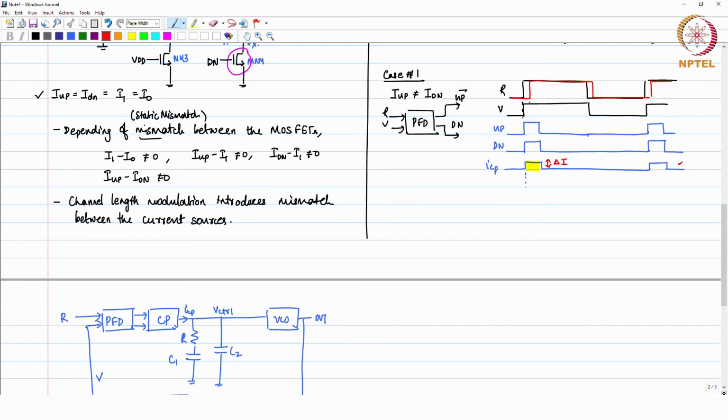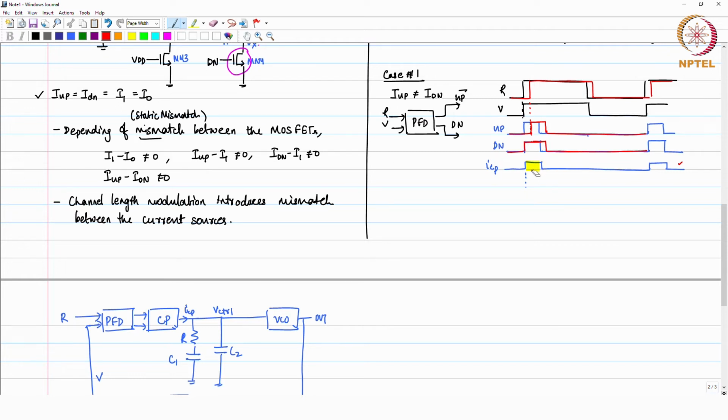Now, when you have an offset like this, your down signal will go high here, but the up signal goes high like this. This will happen, your up signal goes like this, and the overlap period is now here. So, you have a negative phase error, and this is your overlap period, and this is going to repeat.